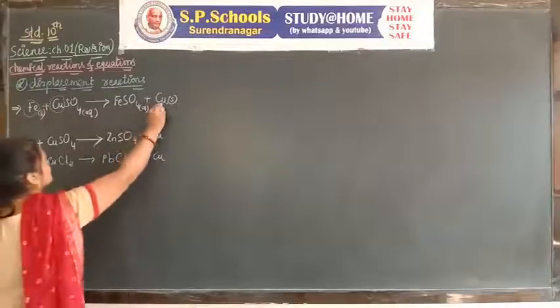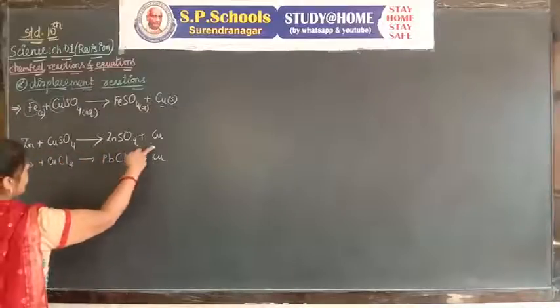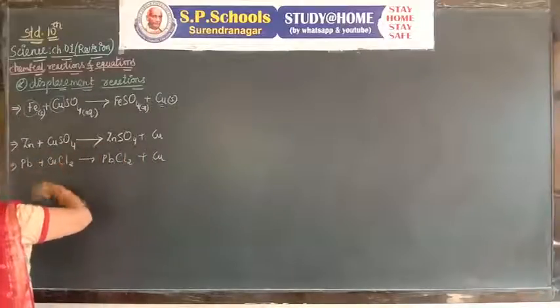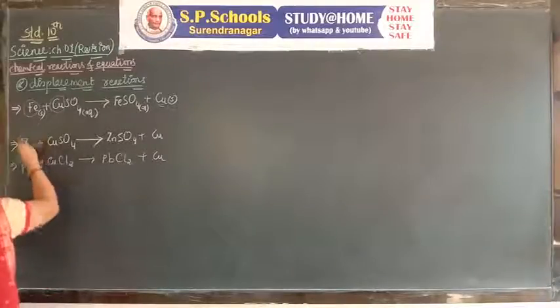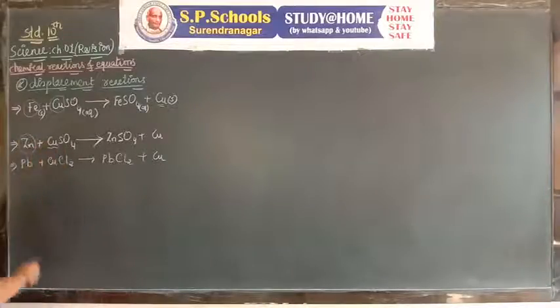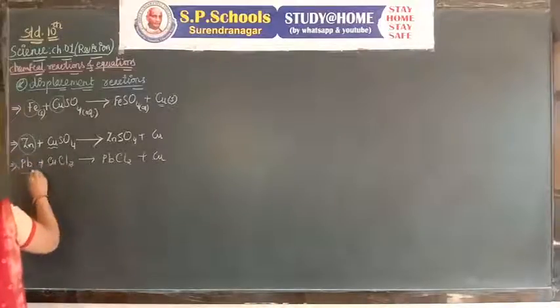What will we conclude? In the case of Fe and Cu, Fe is more reactive than the Cu. In the case of Zn plus CuSO4 giving ZnSO4 plus Cu, Zn is more reactive than the Cu. In the case of Pb plus CuCl2 giving PbCl2 plus Cu, Pb means lead.